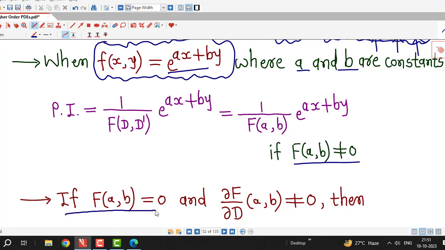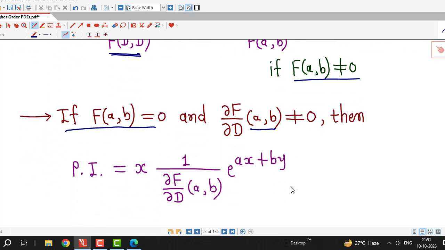If F(a,b) equals 0, then take the derivative of capital F with respect to D and evaluate it at the point (a,b). Suppose the first order derivative of F with respect to D at (a,b) is also non-zero, then the particular integral equals x times 1 over the value of this derivative at the point (a,b), times e raised to ax plus by.